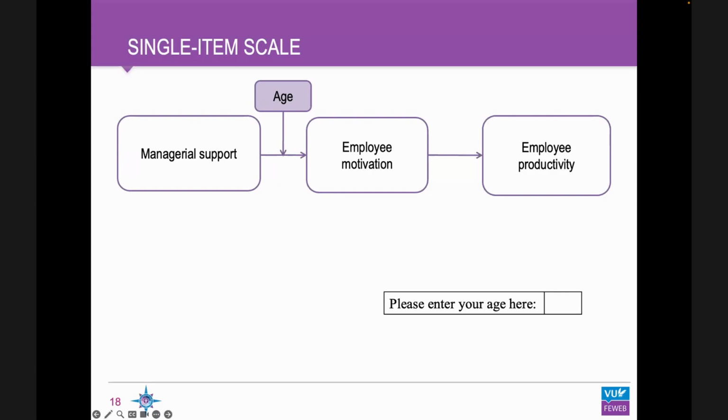You also need to be careful about the question wording, measurement scale, and definition of the construct. As I said, these dimensions you basically learn from the theory, like what are the dimensions of innovativeness that you should pay attention to, and then you go and ask those important questions.